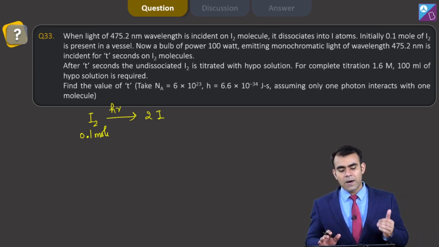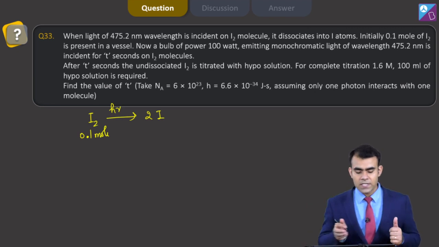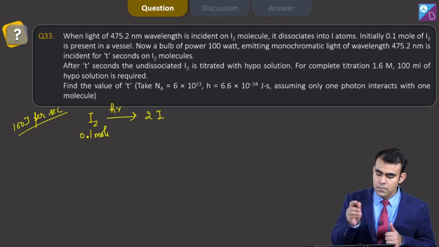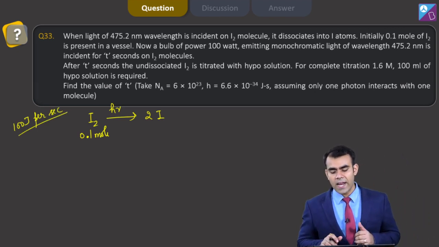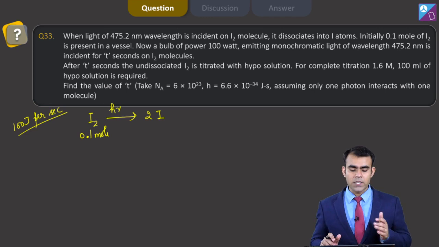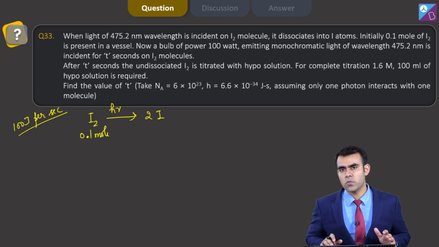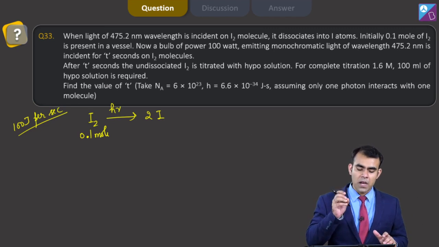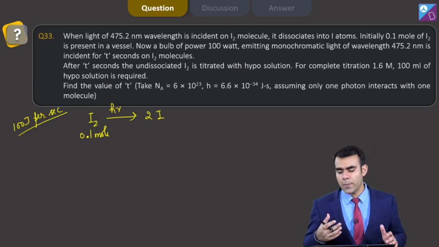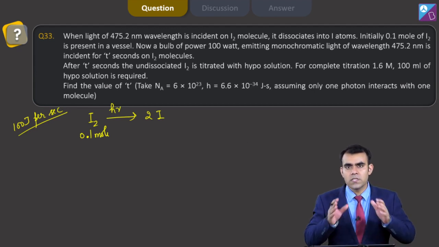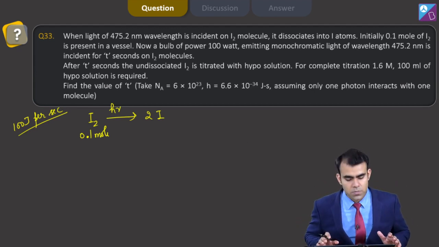Now a bulb of power 100 watt. It means this bulb is giving 100 joule per second energy. Emitting monochromatic light of wavelength 475.2 nanometer is incident for T seconds on I2 molecules. Now this bulb is basically giving monochromatic light which is falling on the I2 molecules, breaking it into I atoms.